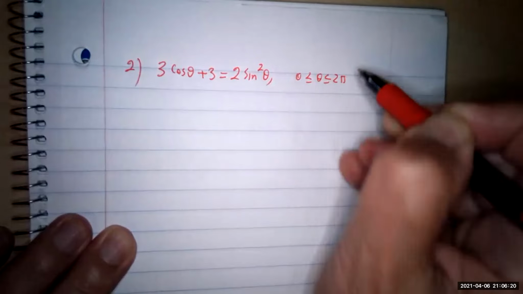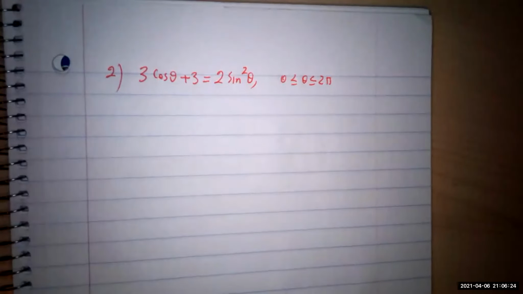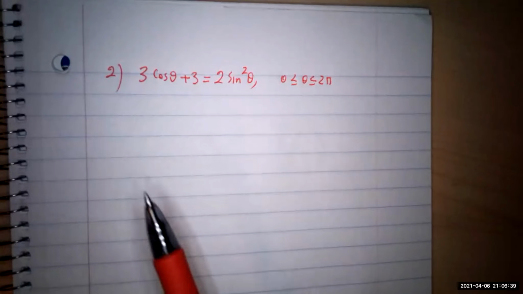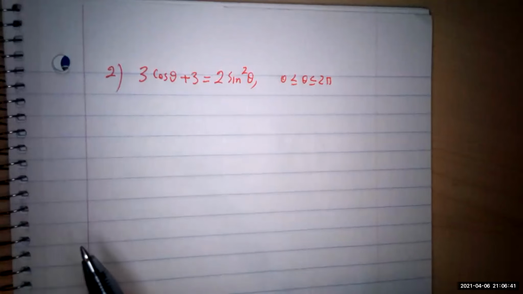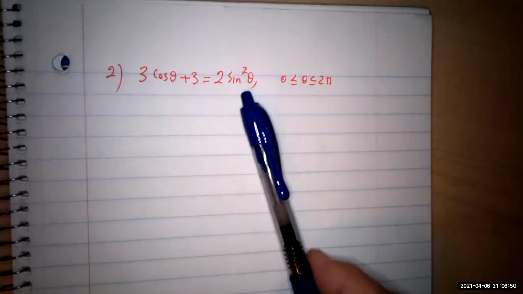Let's see what is special about this one. Any suggestion? We change sine squared. You see, the point about this problem is you have 2 types: a cosine and a sine.